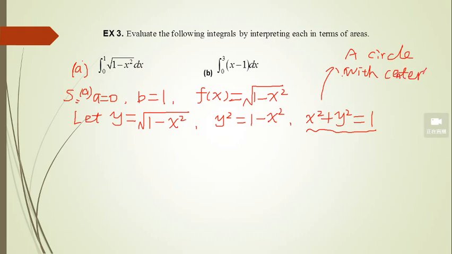With the center 0, 0. And the radius, what is the radius? The right side, r squared, gives the radius, with radius r equals 1, right?